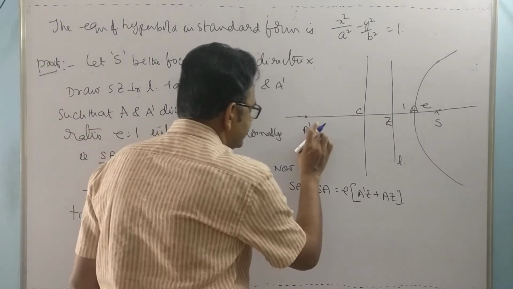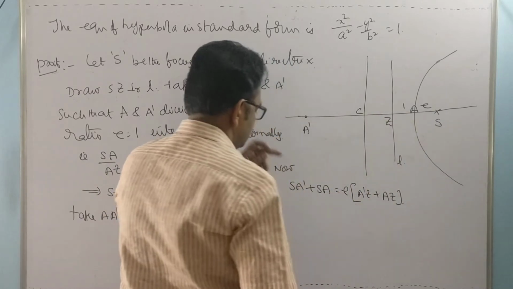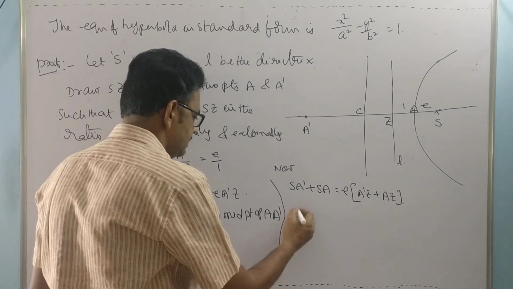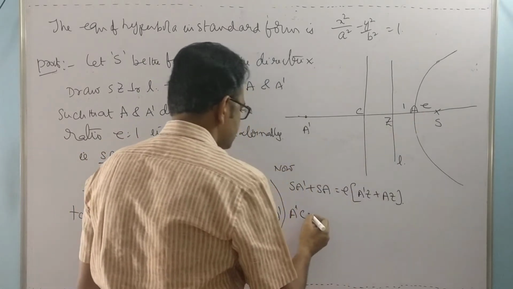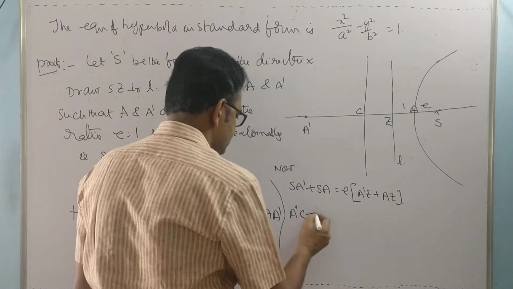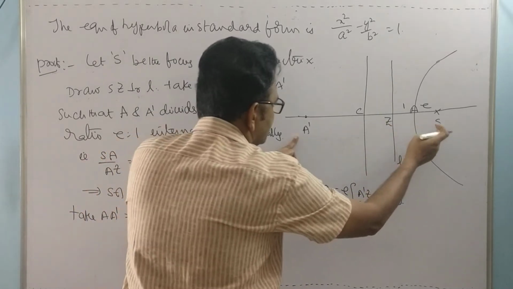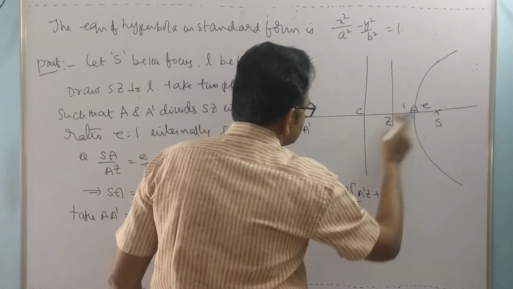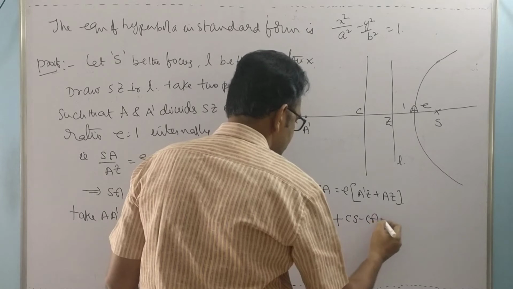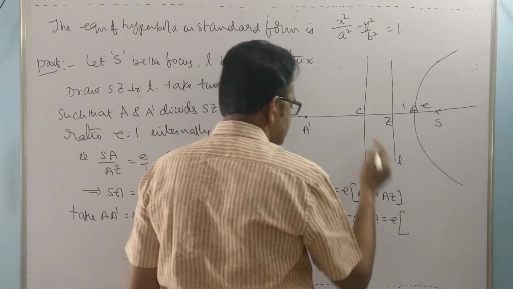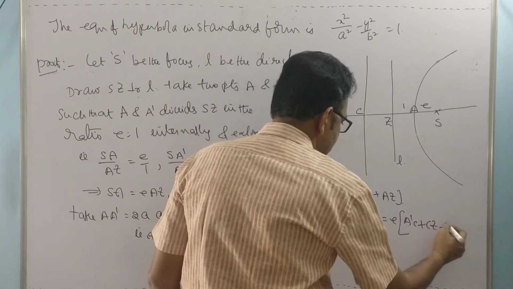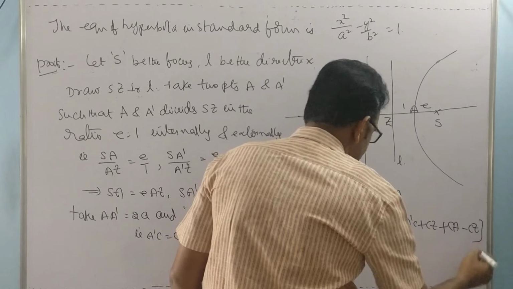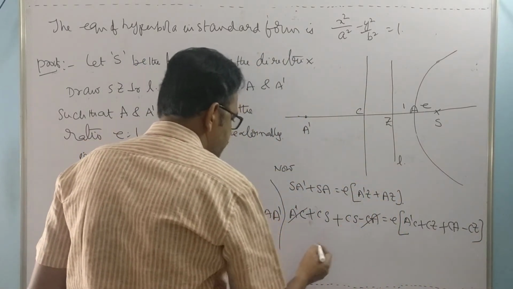Now SA dash means A dash S, which is A dash C plus CS, plus SA, which is CS minus CA, is equal to e times A dash Z, which means A dash C plus CZ, plus AZ, which means CA minus CZ. Now these two get cancelled because C is the midpoint.